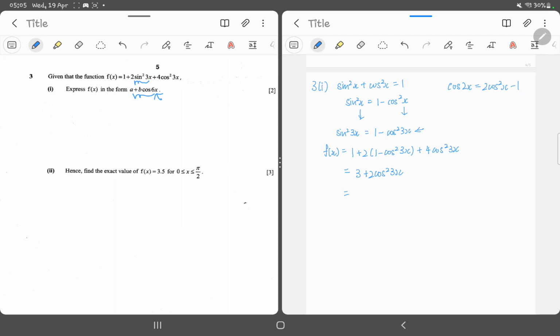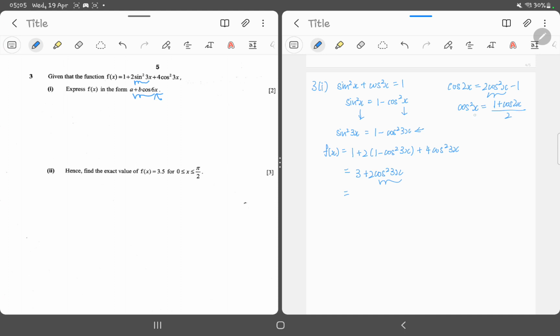Which means we have our cosine square 3x over here, right? So what I'm going to do is make cosine square x the subject. So this is the identity given in the formula sheet. So cosine square x is actually 1 plus cosine 2x over 2.